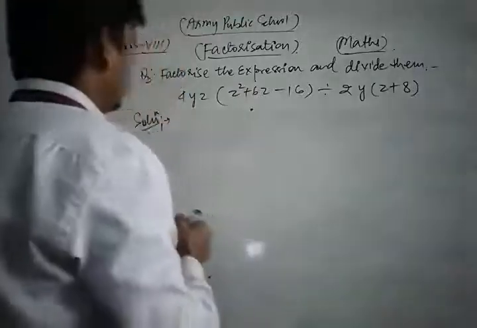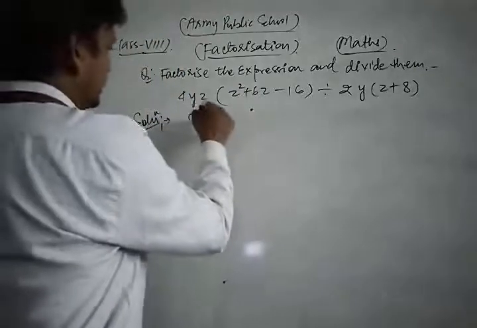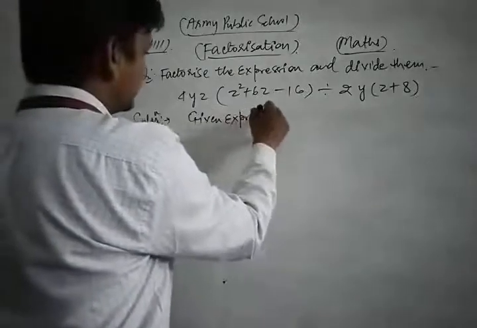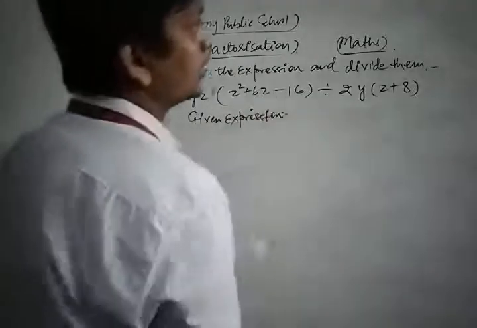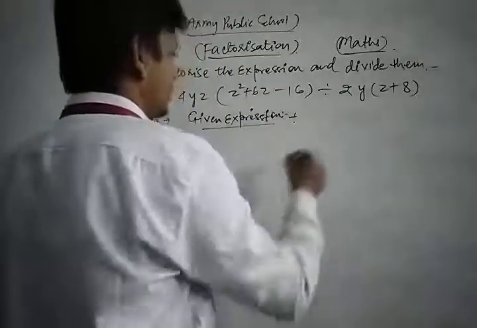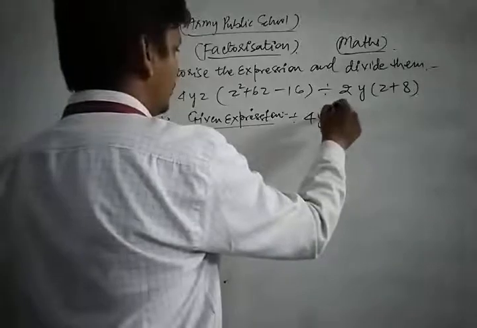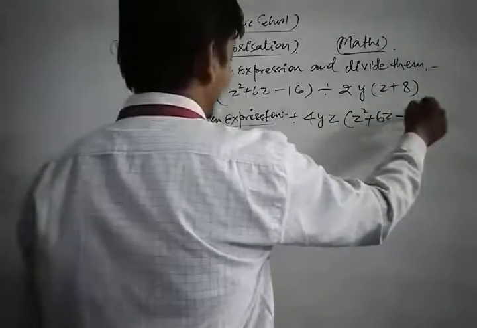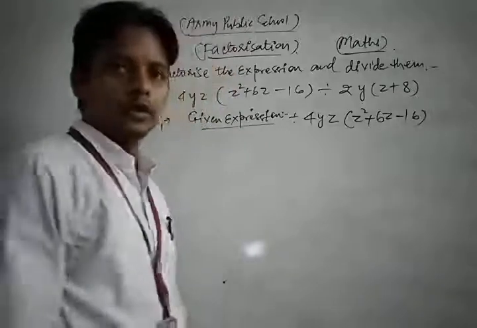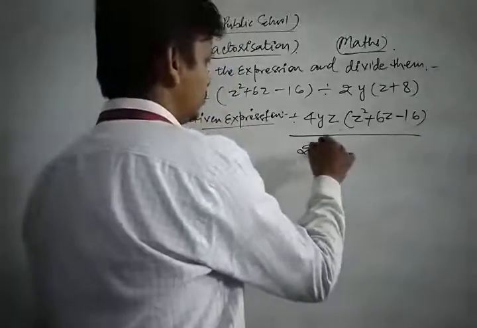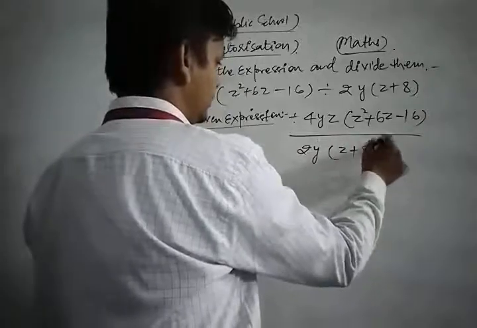Now look, first we write the given expression, which is 4yz in bracket z square plus 6z minus 16, and divided by 2y in another bracket z plus 8.